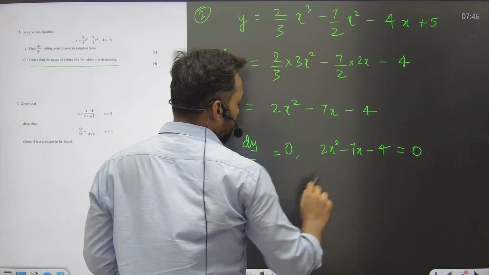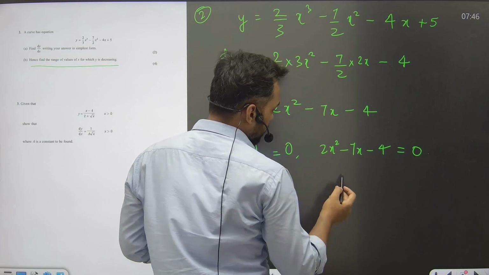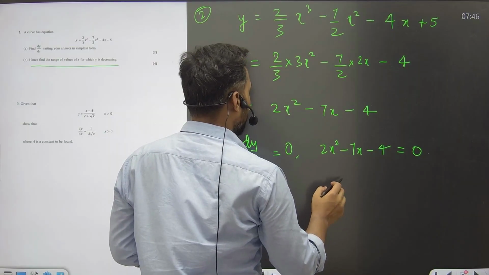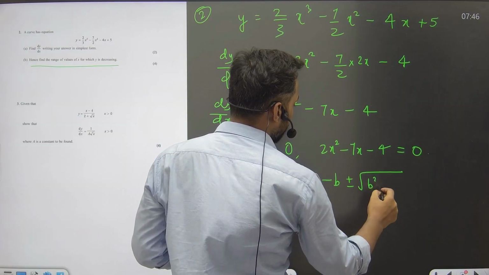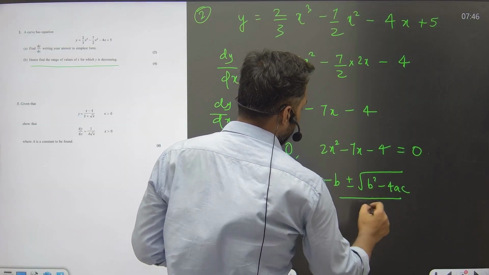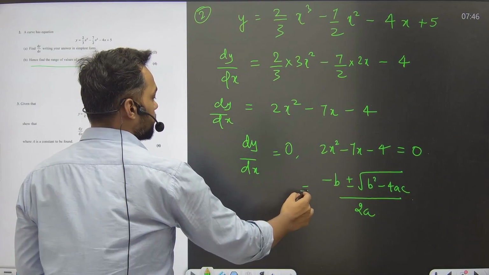Now applying the quadratic equation formula. So what is the quadratic equation formula, student? That is minus b plus or minus the square root of b squared minus 4ac, upon 2a. This will be the value of x.